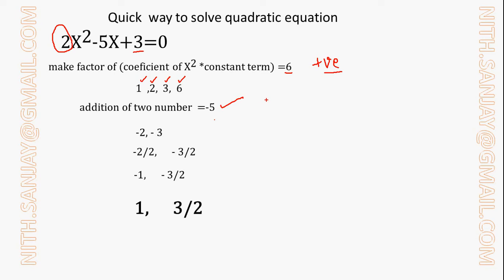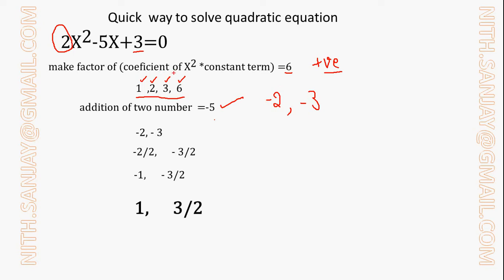So what I will do is I will take -2 and -3. From where? Out of the factors of this 6, I will take 2 and 3 and I will make their sign negative.